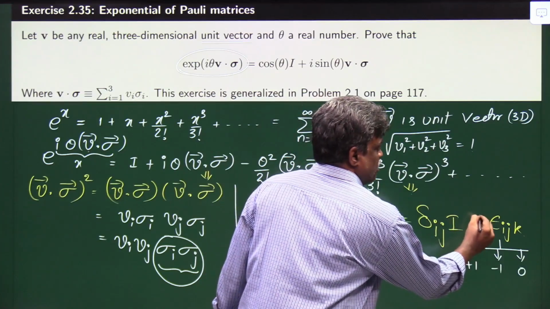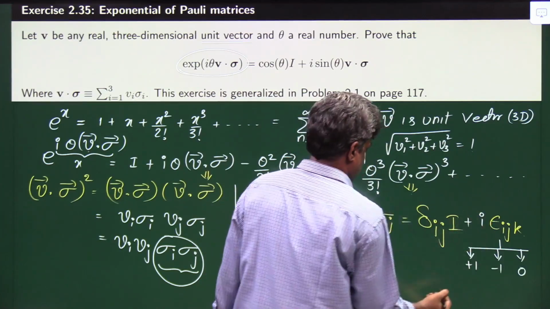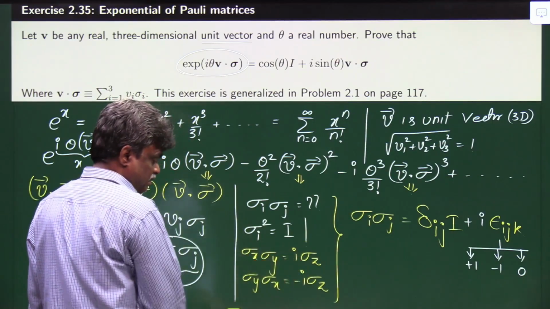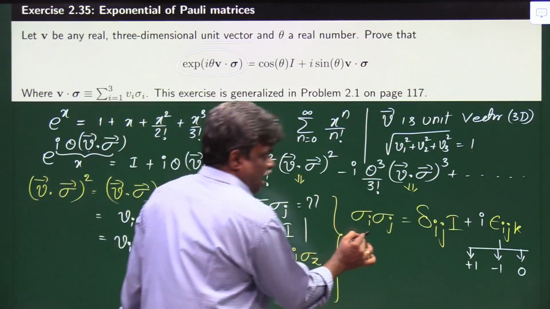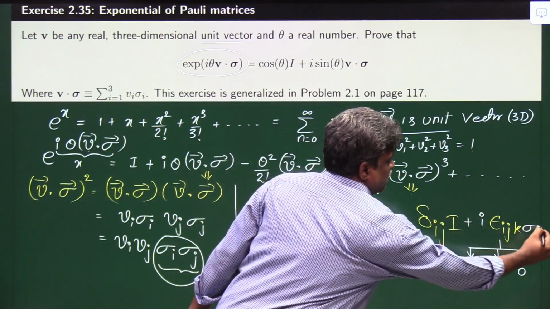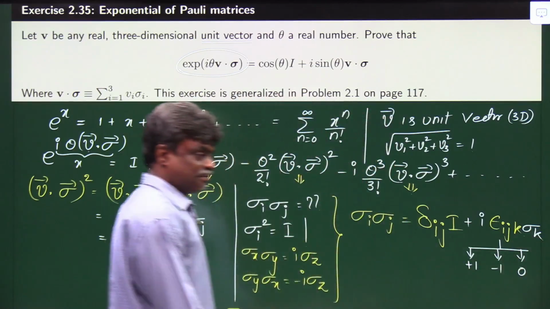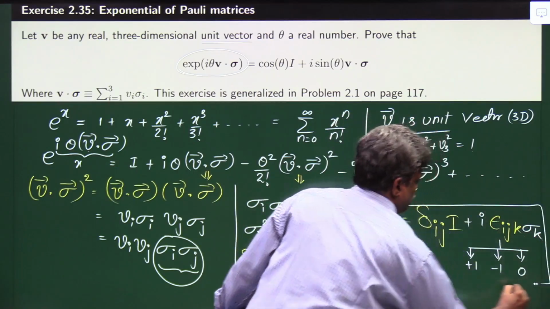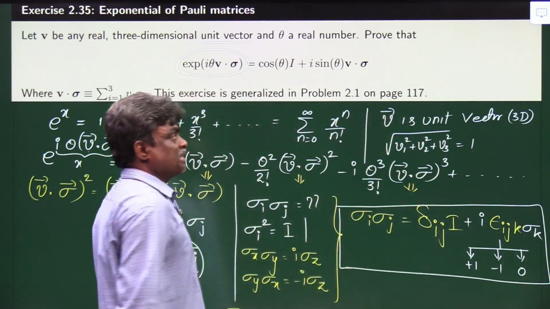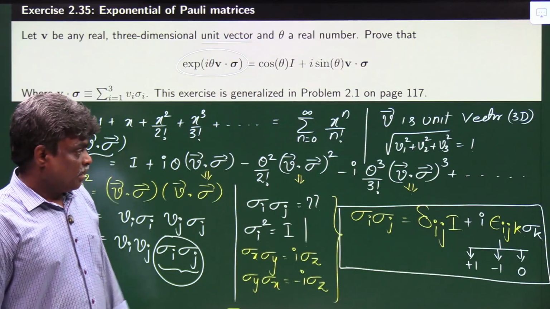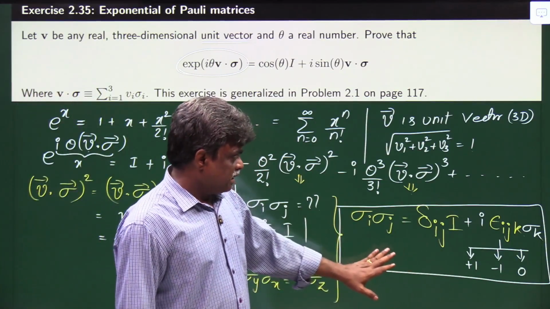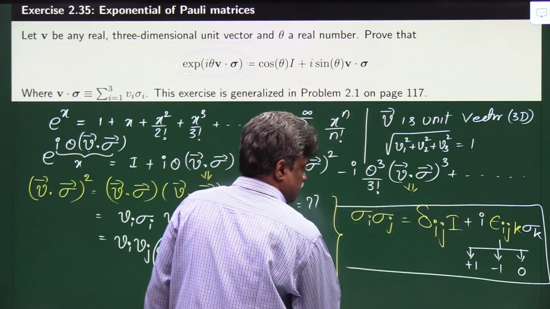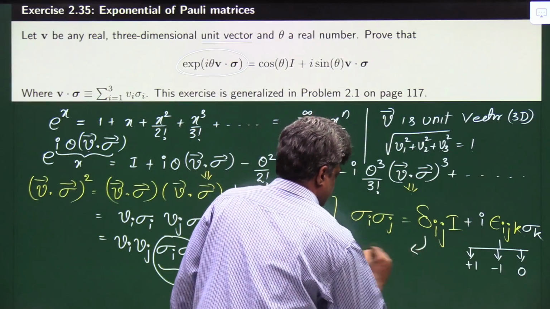So iota is as usual, plus, and after that, if you observe carefully, from x and y we are getting z. That means i and j, so what is the third one? That is σ_k. So this is the general form of the product σ_i σ_j. If you have any doubt, please contact. So this is the Levi-Civita and this is the Kronecker delta.